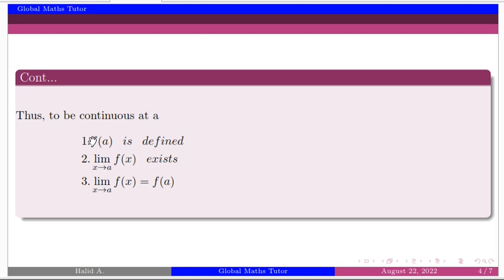The third condition is that they should have the same value. It means the existing limit and the defined function value at that point must be the same, otherwise it is discontinuous at a.